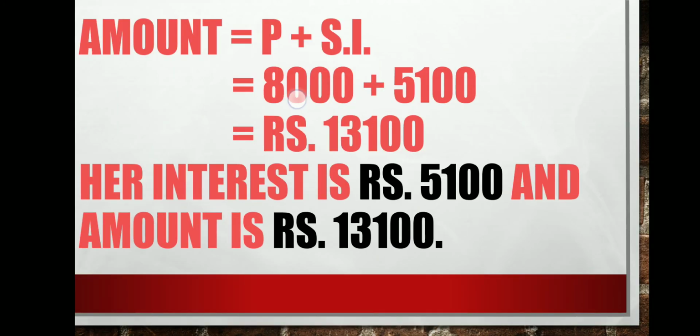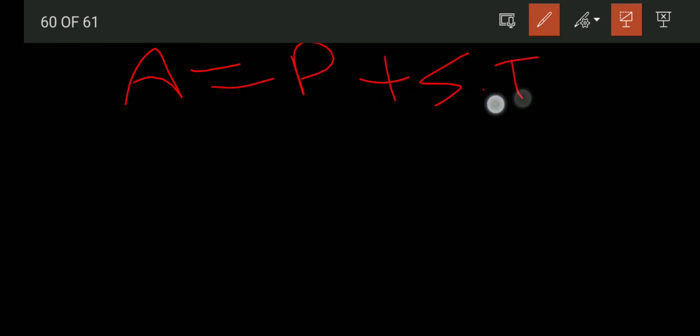Now we have to find out the amount as well. So amount equals principal plus SI, simple interest. So 8,000 plus 5,100 comes to 13,100. Let me show you the working. Amount is equal to principal plus simple interest.